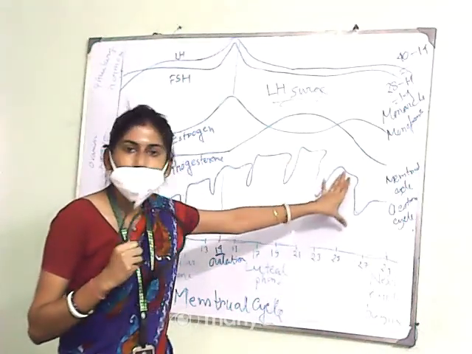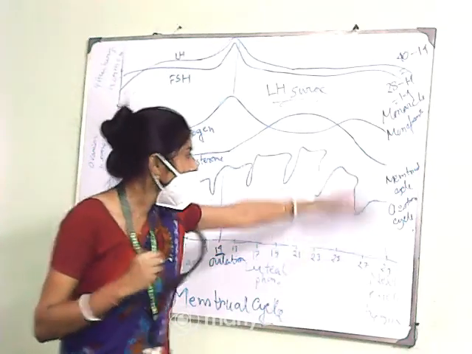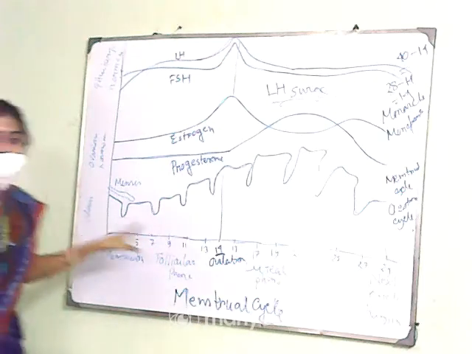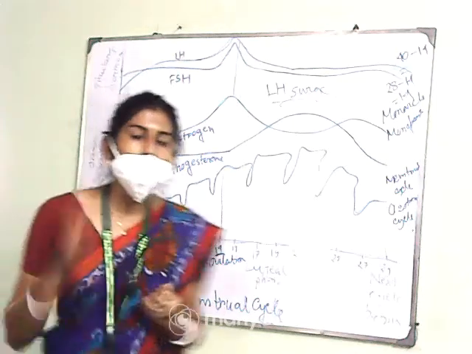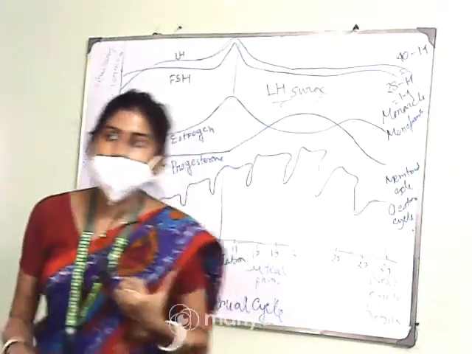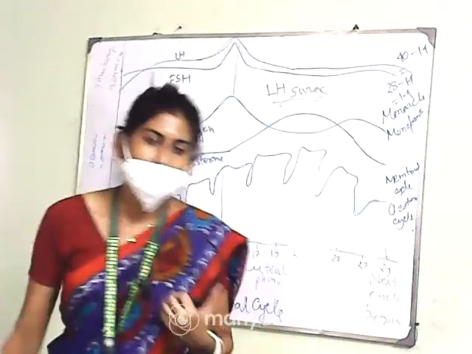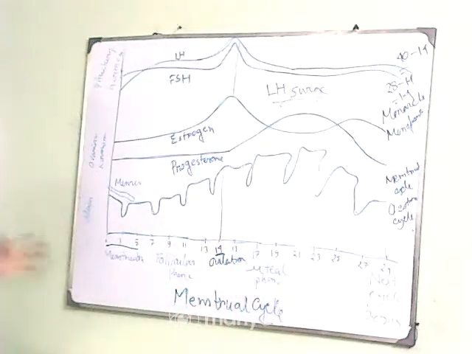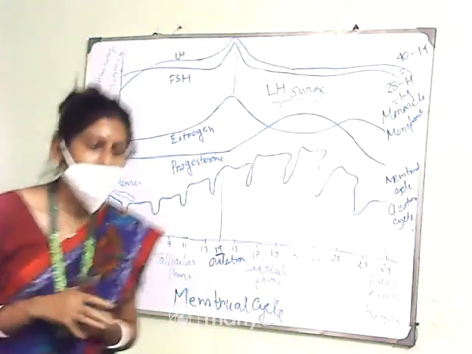Because implantation will not take place, the endometrium will rupture again, and the same cycle with menstruation will start again. Okay, so these are the different events of the menstrual cycle and the different hormones which are taking part in the menstrual cycle.